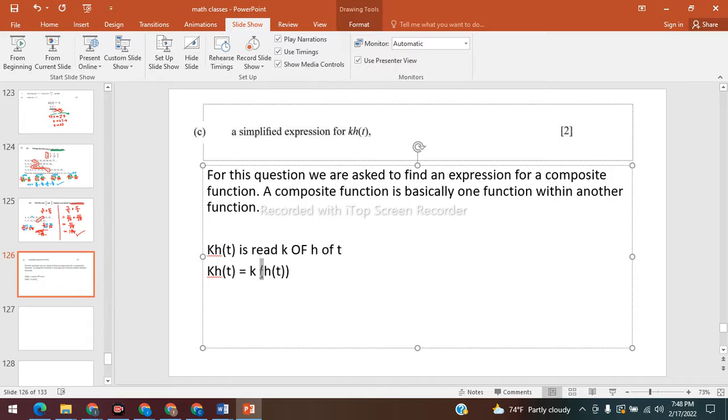So this means that the h of t is within the k function.